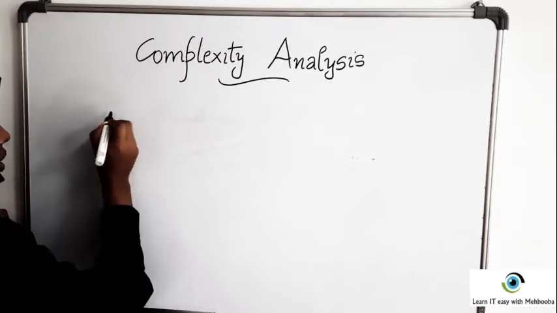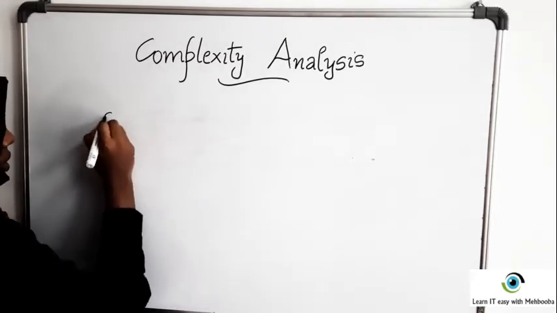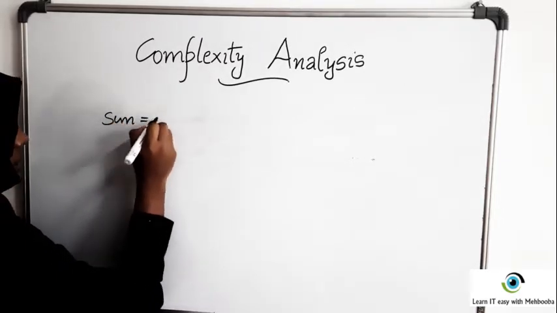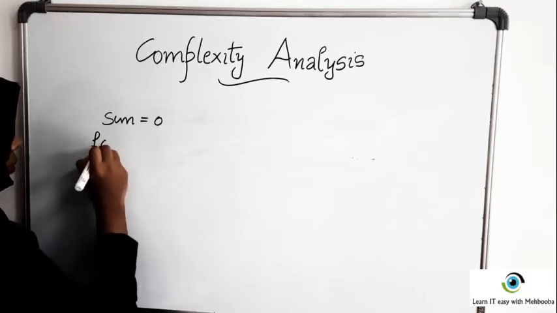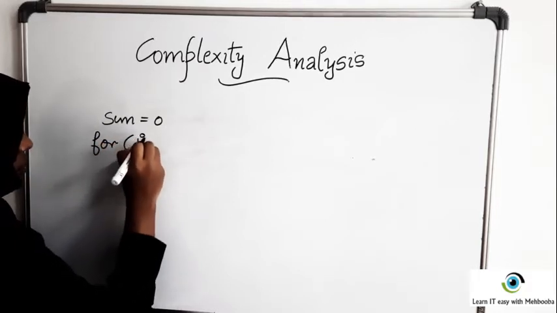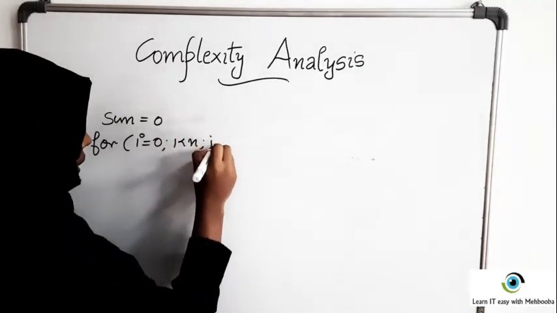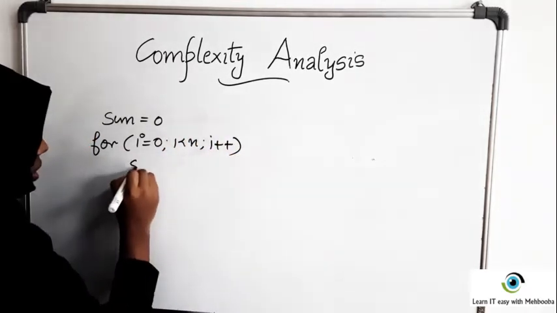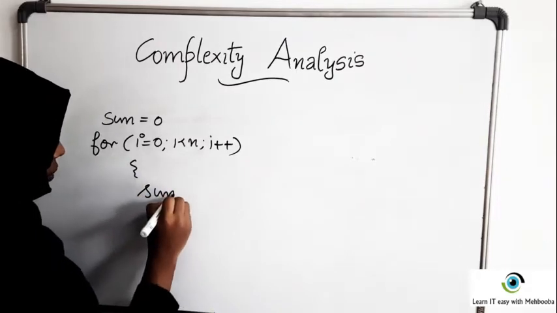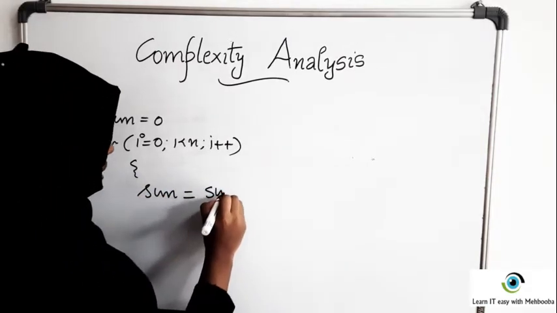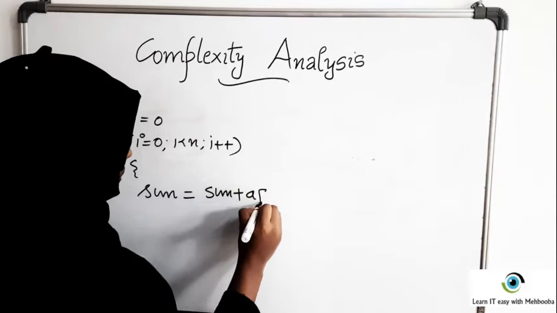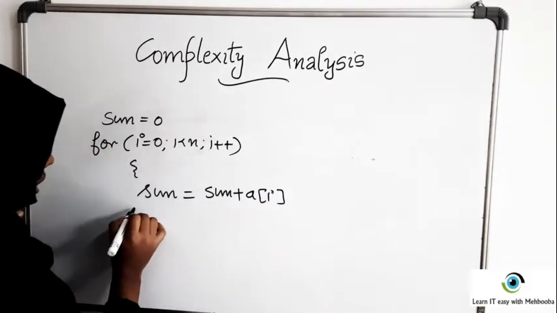For example, let the program be like this. Some variable sum is initialized to 0. Now for i = 0; i < n; i++, sum = sum + a[i]. Okay, let this be the program.